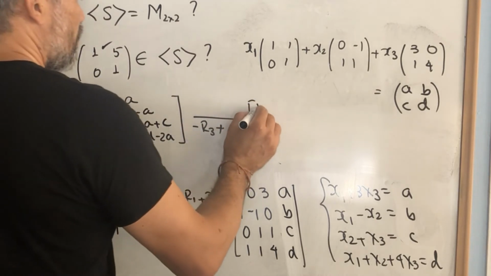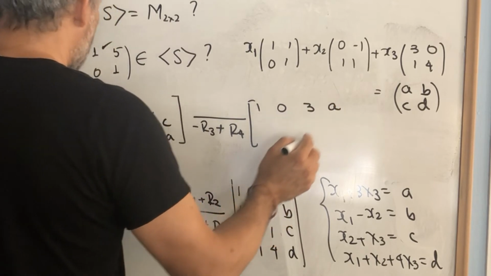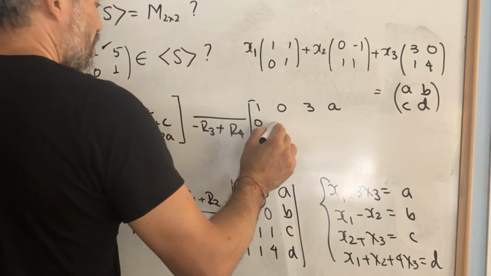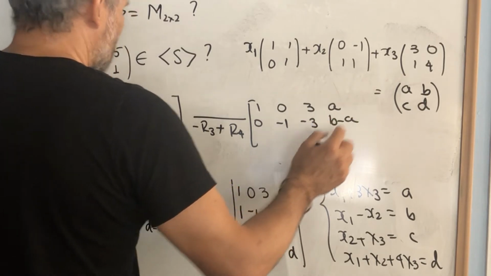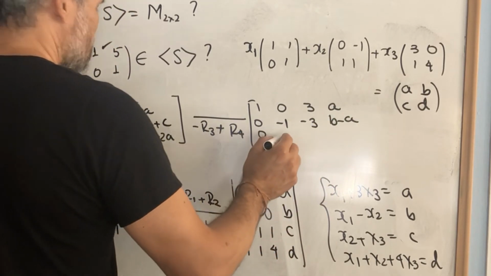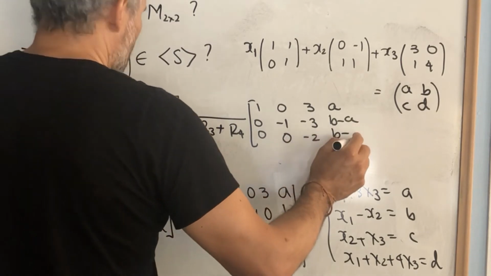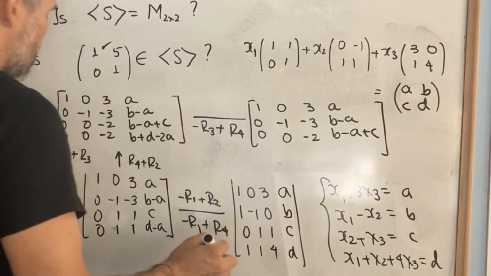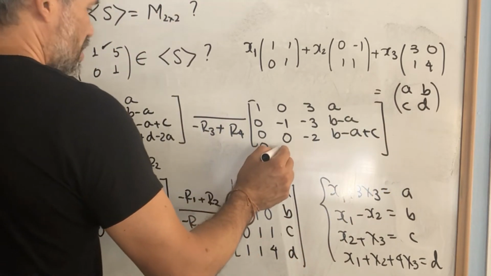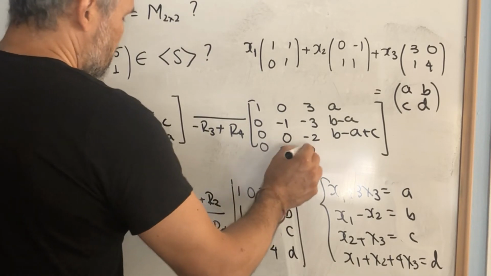Then this is 1, 0, 3, A, 0, negative 1, negative 3, B minus A, 0, 0, negative 2, B minus A plus C, and 0, 0, and doing this minus this, it will be 0.